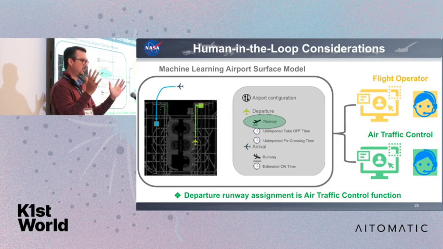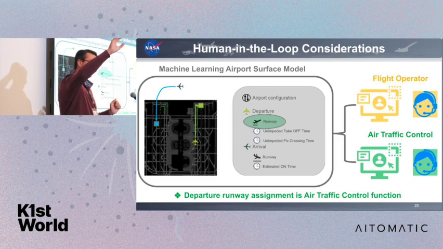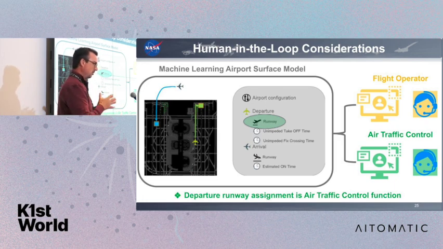So they look at the demand over, say, the next hour. They do a mapping of the departure fixes to the runways in such a way that they can balance that demand. So it's really their function or their job to assign aircraft to runways.